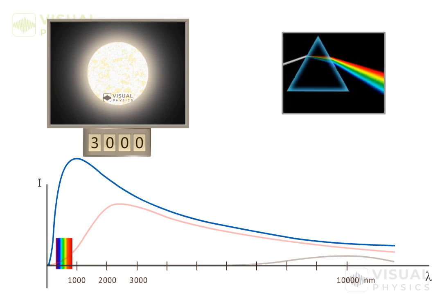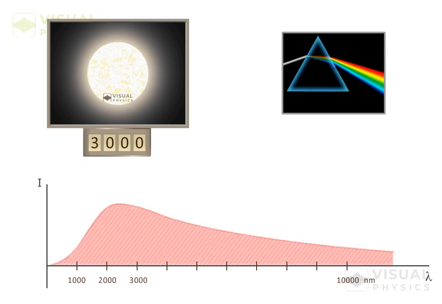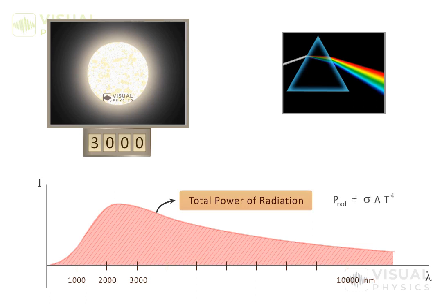You must be familiar that white light is actually composed of all the colors or wavelengths in the visible region. Note that the area under this curve gives the total power of radiation, which is equal to this term, as given by Stefan's law.